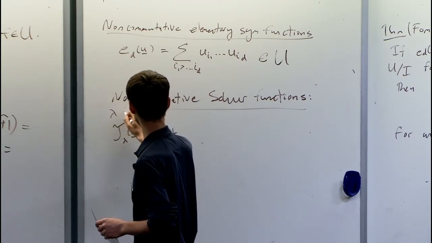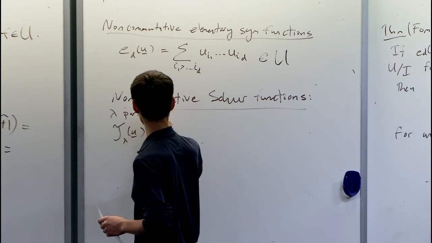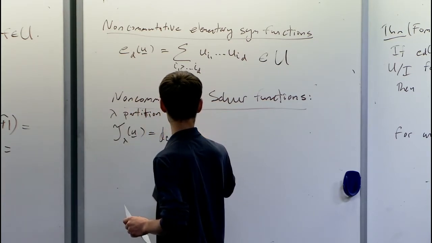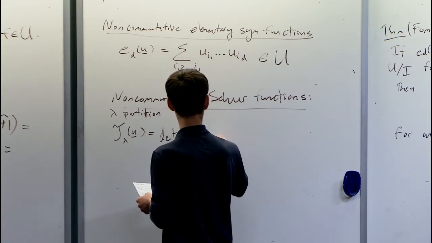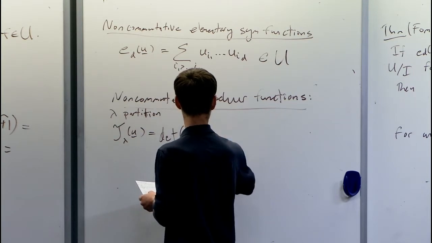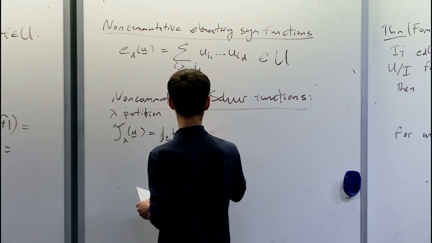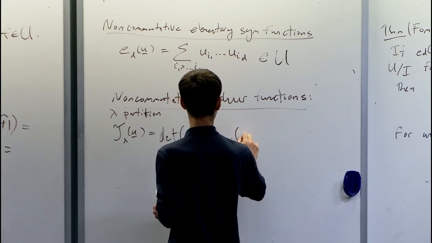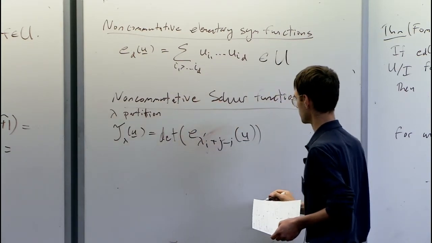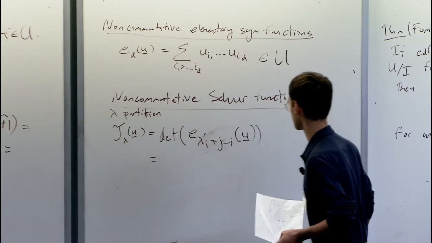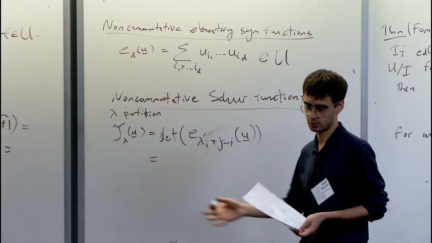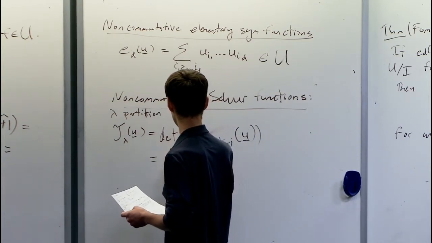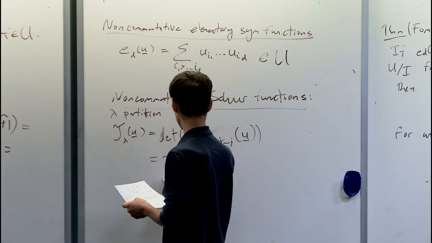Okay, so here lambda is a partition, with entries lambda prime i plus j and so on, and E. Okay, so this is some determinant of some non-commutative things. So let me write out explicitly how we can define it. So we can define it as just this product.